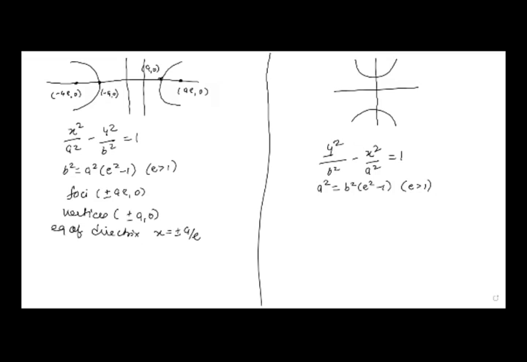One will be over here, x is equal to a by e, and one will be over here, x is equal to minus a by e.